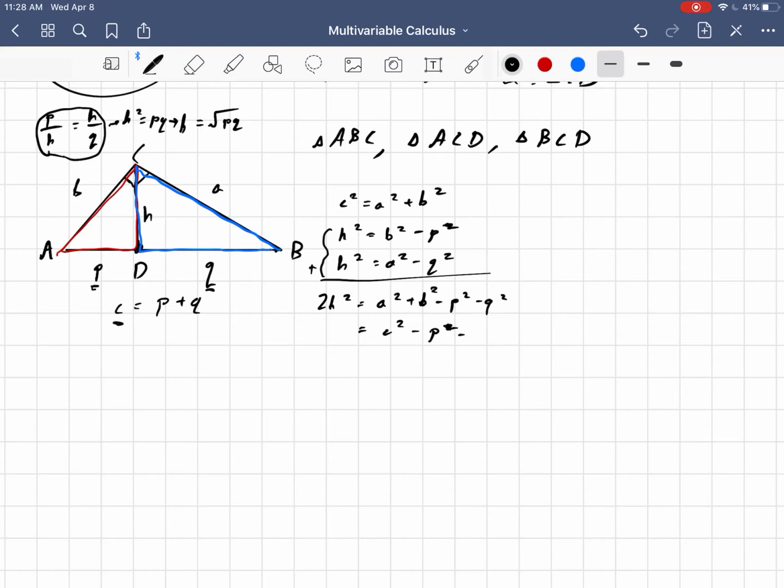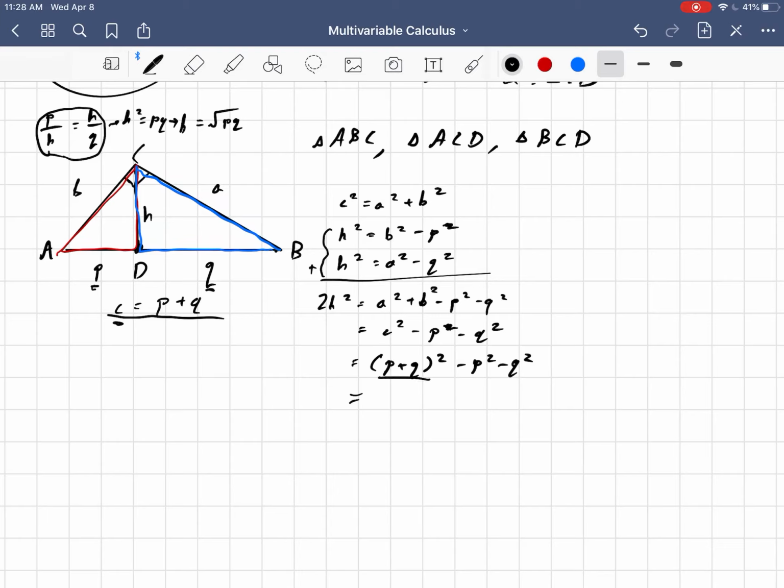which is C squared minus P squared minus Q squared. Remember, C here is P plus Q, so I want it just in terms of P plus Q. So I'm going to replace the C with P plus Q, squared, minus P squared minus Q squared.